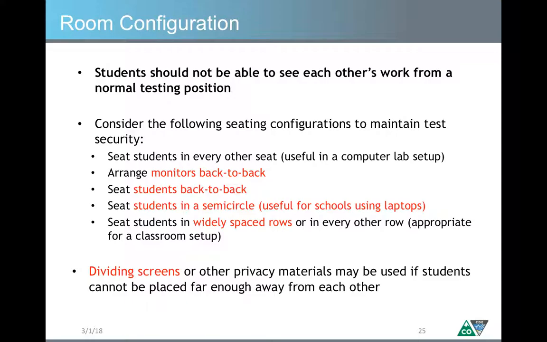Room configuration. You just need to make sure, especially since we're using mainly Chromebooks, that the students can't see each other's screens. So whether that's monitors back-to-back, students back-to-back, a semicircle, widely spaced rows, you figure it out, but just make sure that those students can't easily see the screens, and that may also mean that we need to use some kind of dividing screen.